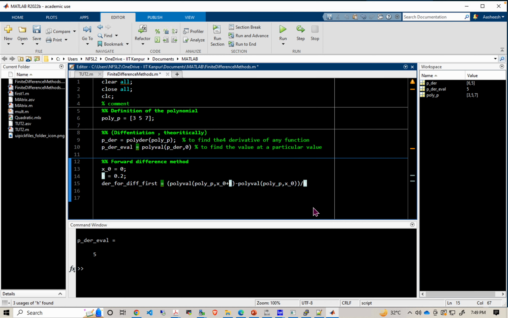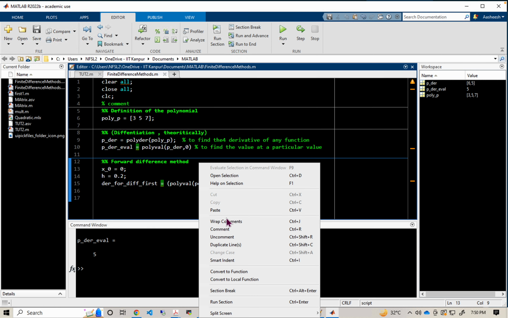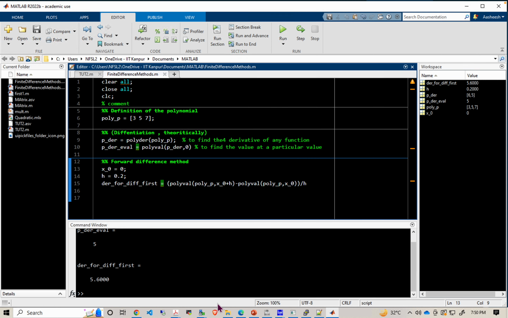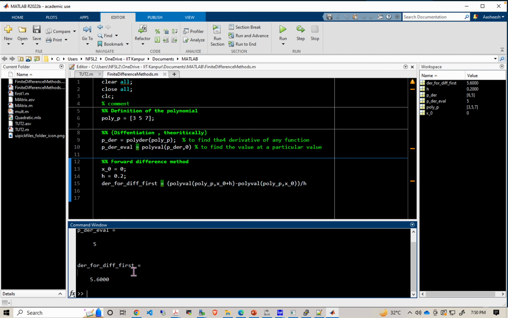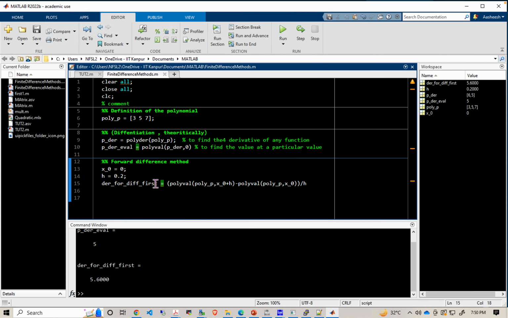Is this fine with everyone? Okay, so now I am saving it and I will run this section. What value I am getting is the derivative for differentiation, forward, sorry, this one first, forward.